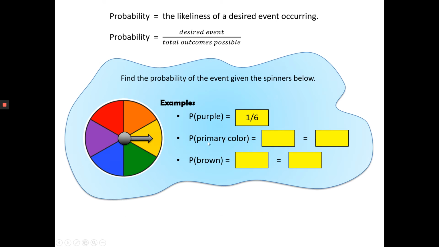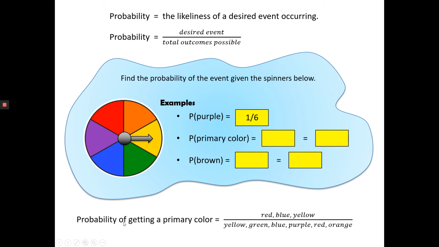All right, let's take a look at the second example here. What's the probability of it landing on a primary color? Hopefully people know what primary colors are, and if you don't, they're the 3 main colors of red, blue, and yellow. So what's the probability of getting a primary color of either red or blue or yellow out of those right there?